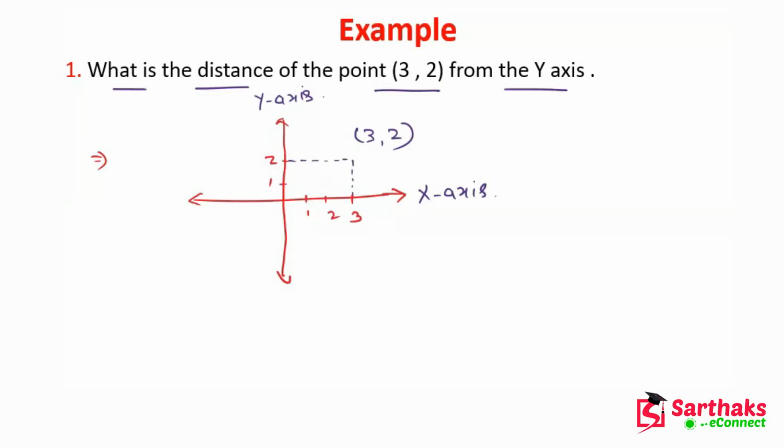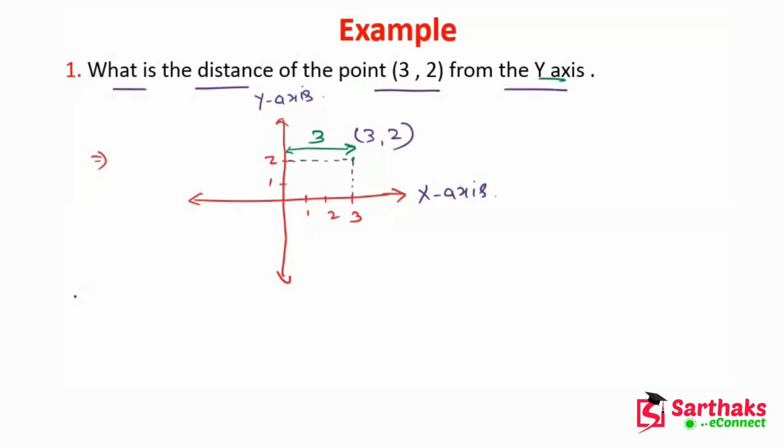Now in this case we have to find the distance from the y-axis, that is, the distance between this point and the y-axis. This distance is the x coordinate, which is 3.